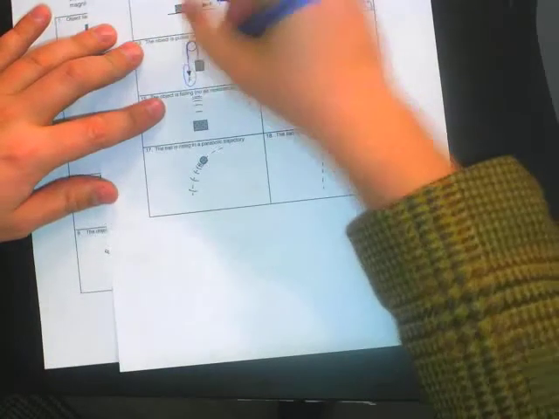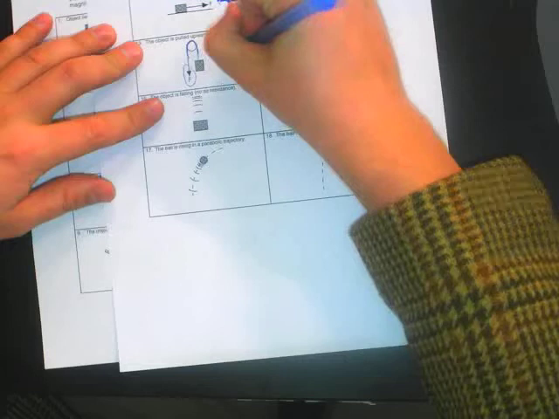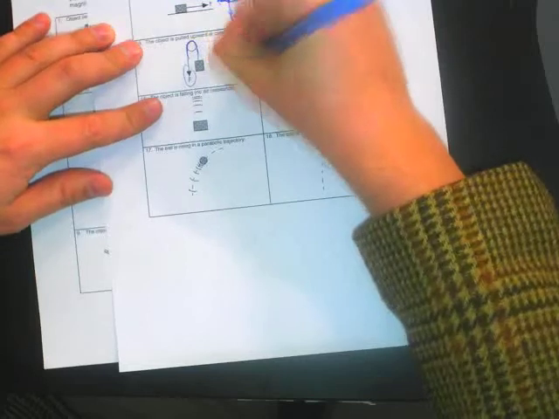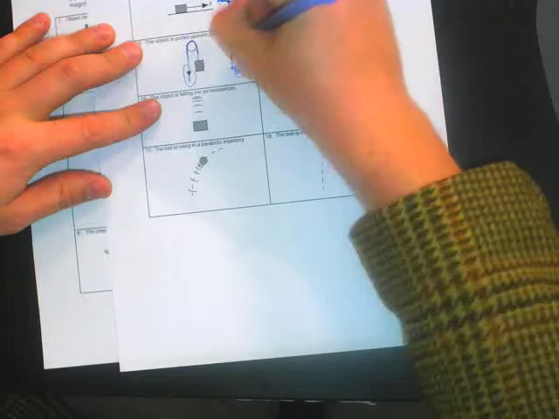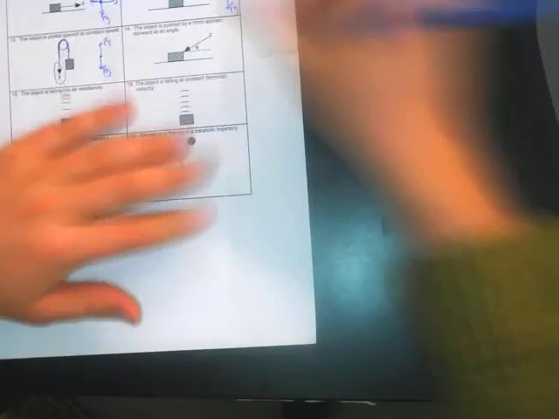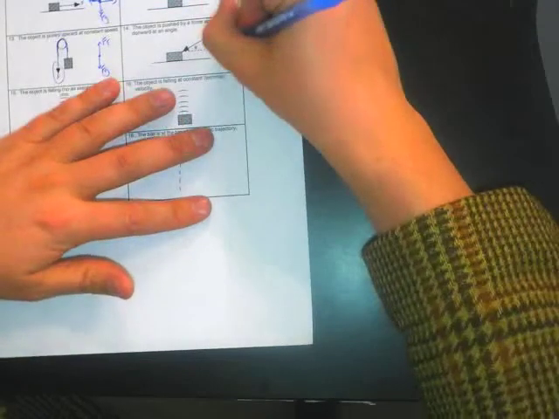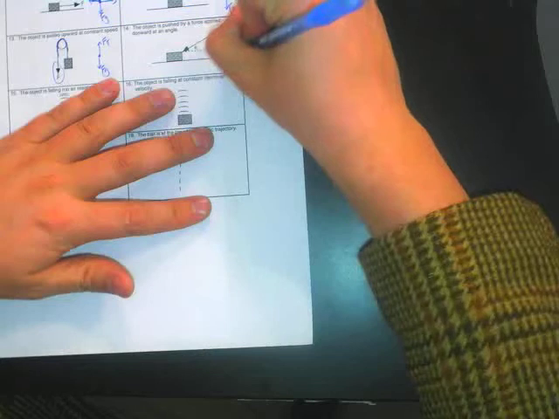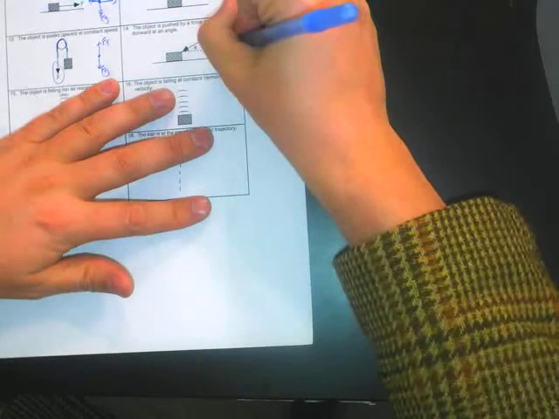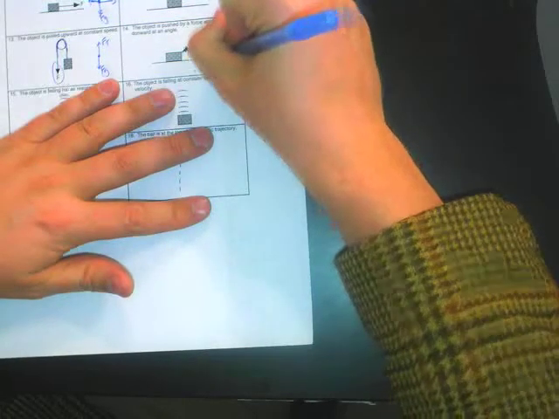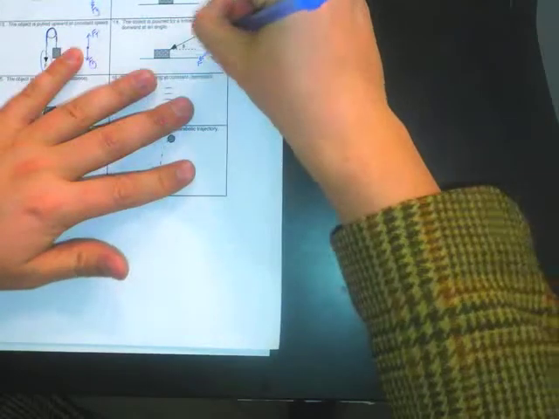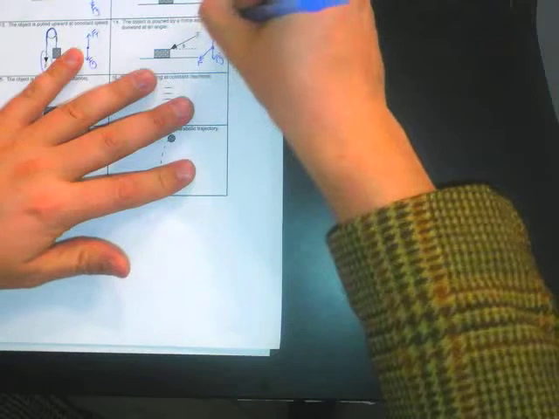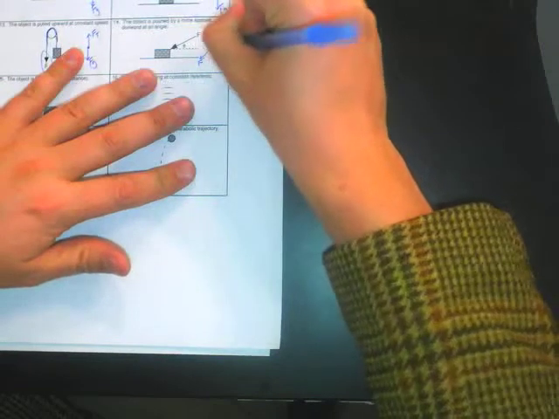So by the time that force gets to the box, the tension of the rope is pulling the box upward. Okay. Here we've got gravity pushing it downward. We've got a force that also pushes down and leftward. And then we've got an upward normal force, and we've got a little bit of friction to our left.